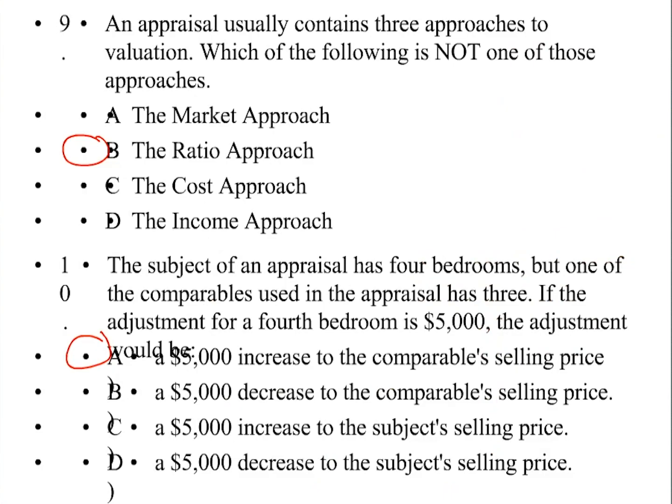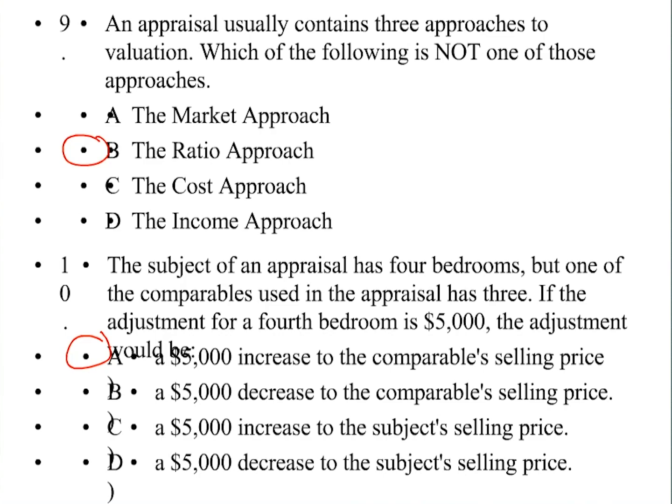These two are appraisal questions. Appraisal usually contains 3 approaches to valuation, and the one that is not among them is the ratio approach. We talked about the market approach, the cost approach, the income approach, but there is no ratio approach. And then we talked about how we would do appraisals. The subject of an appraisal has 4 bedrooms, but one of the comparables used in the appraisal has only 3.